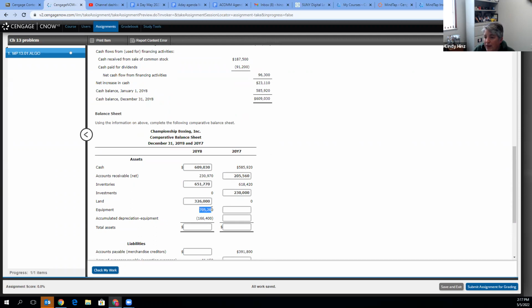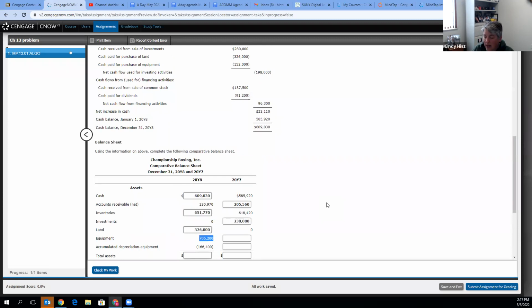So if the equipment had an ending balance of $705,200, and we know that includes the $152,000 worth of equipment we bought during the year and nothing else changed there, our beginning balance must have been $553,200. That's the ending balance minus the $152,000 that we bought during the year.